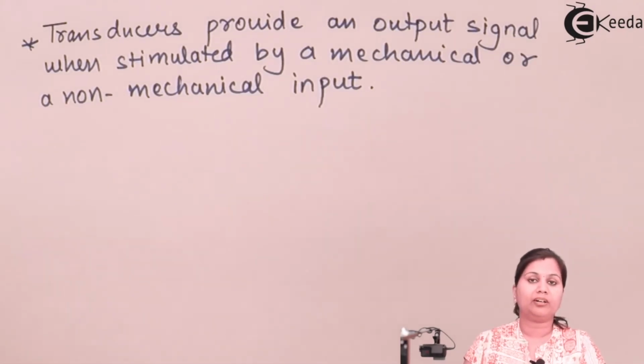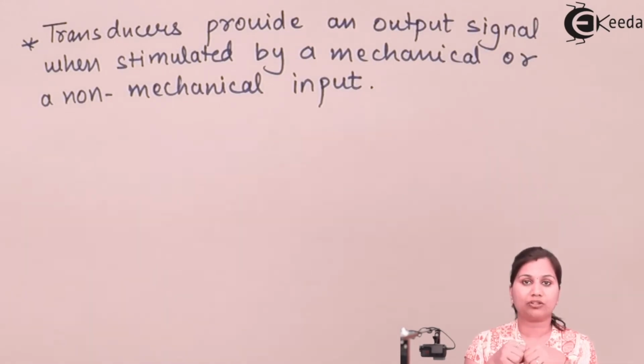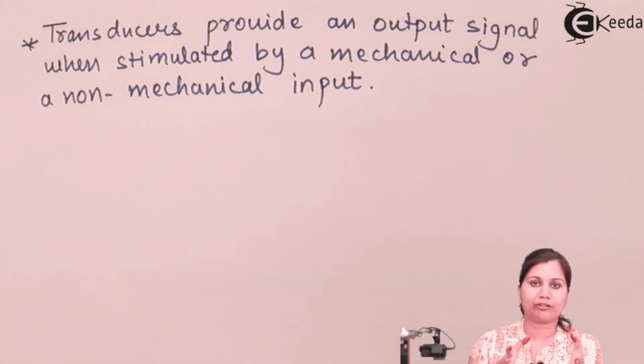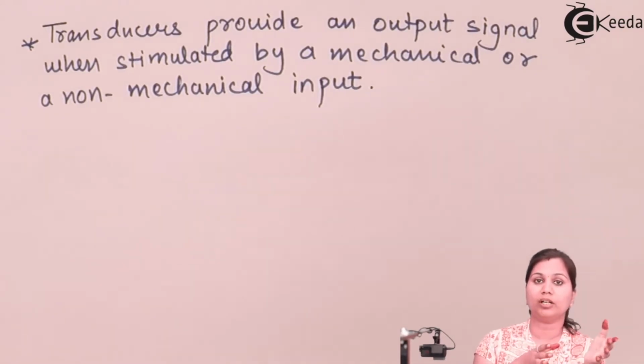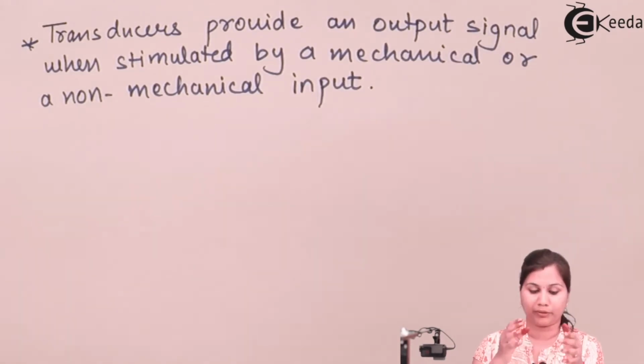Most probably we are going to use the electrical transducers. They are widely used and have applications in many fields, because most instrumentation and measurement systems use electrical methods. They use electrical quantities, so there is always a need for electrical transducers which convert a non-electrical quantity into an electrical quantity.